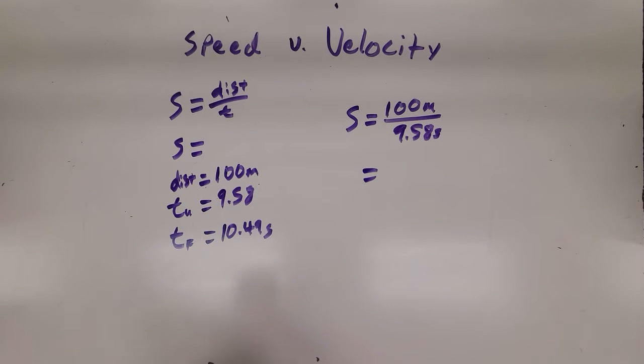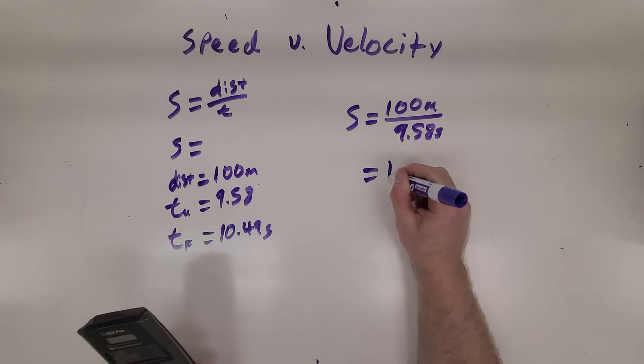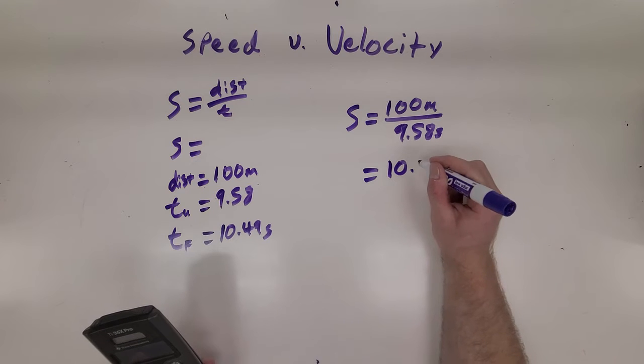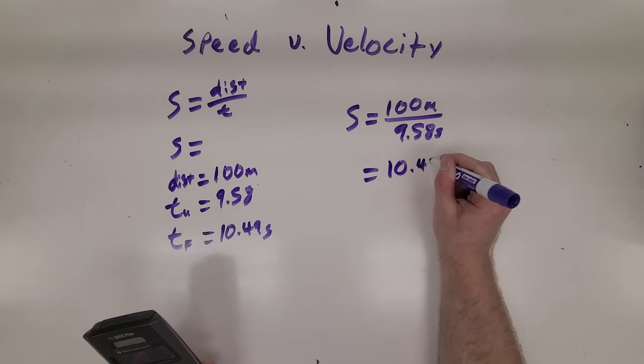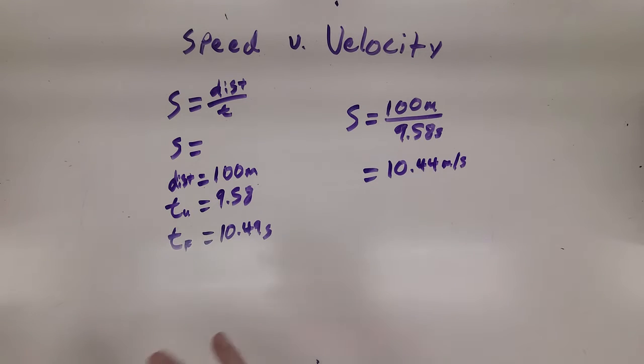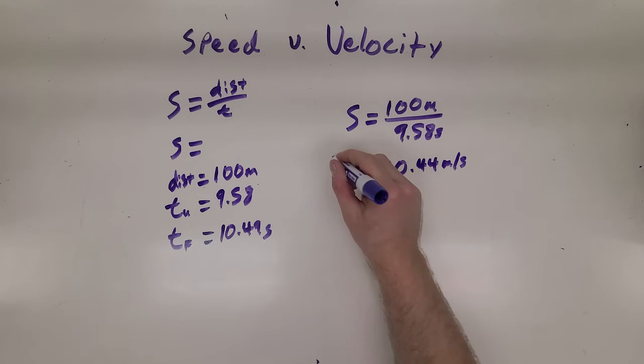Let me get out my calculator. 100 divided by 9.58. I'm sure I could have done this in my head if I really tried. No, probably not. Usain Bolt was moving at about 10.44 meters per second on average. He was moving a little bit slower in the beginning and probably moving faster at the end, but that was Usain Bolt's speed.